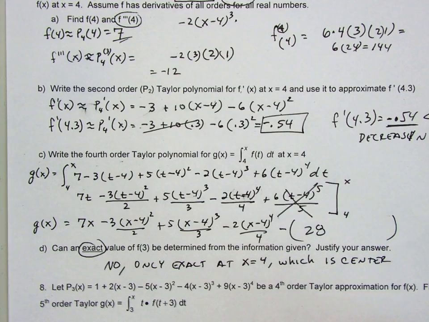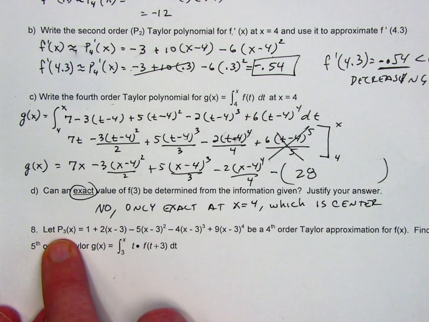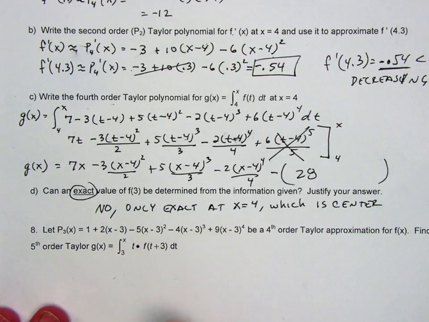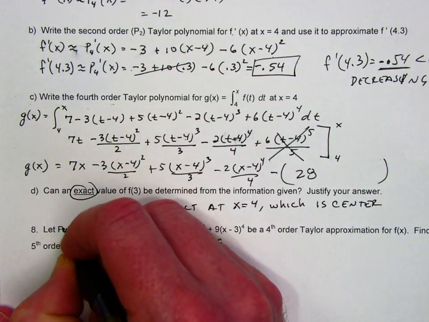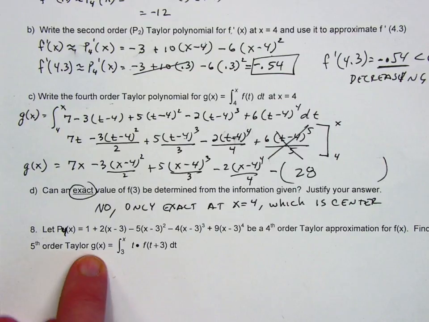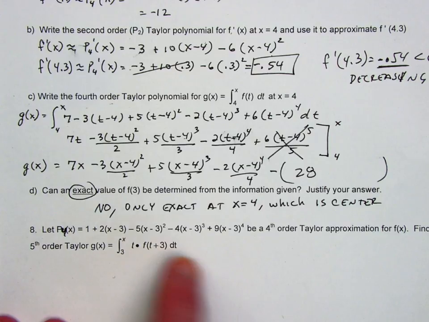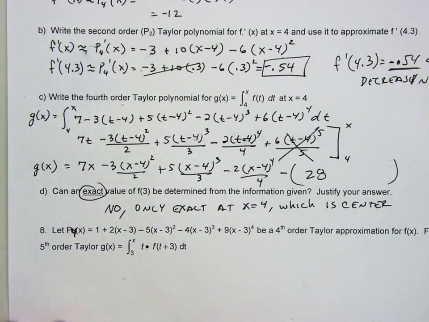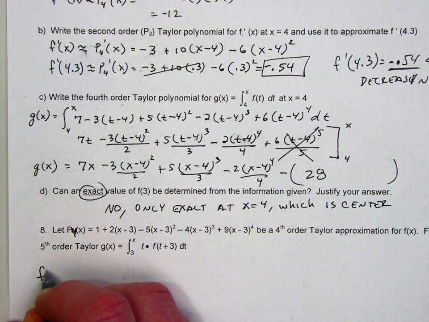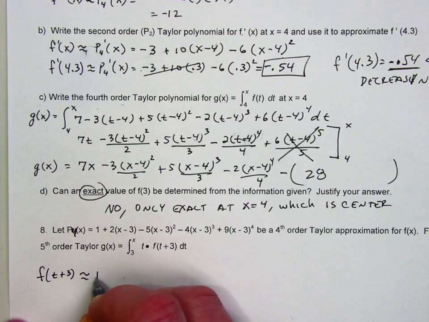Okay? All right. Last one is we gave a P3 of x. Nope, it's actually the P4 of x. For f of x, find the fifth order Taylor polynomial if g is equal to the antiderivative of t times f of t plus 3 dt. All right, so first of all, we got to find what f of t plus 3 is. Well, that's approximately equal to P4 of t plus 3.